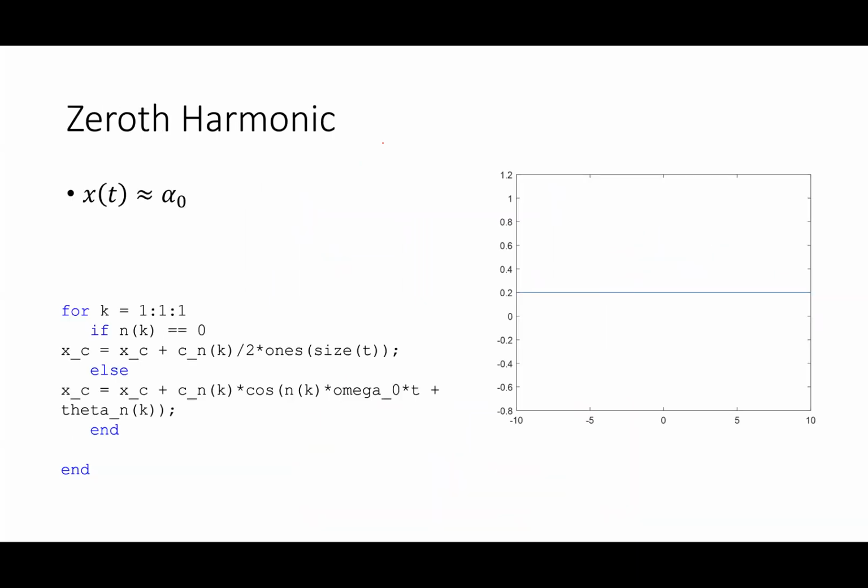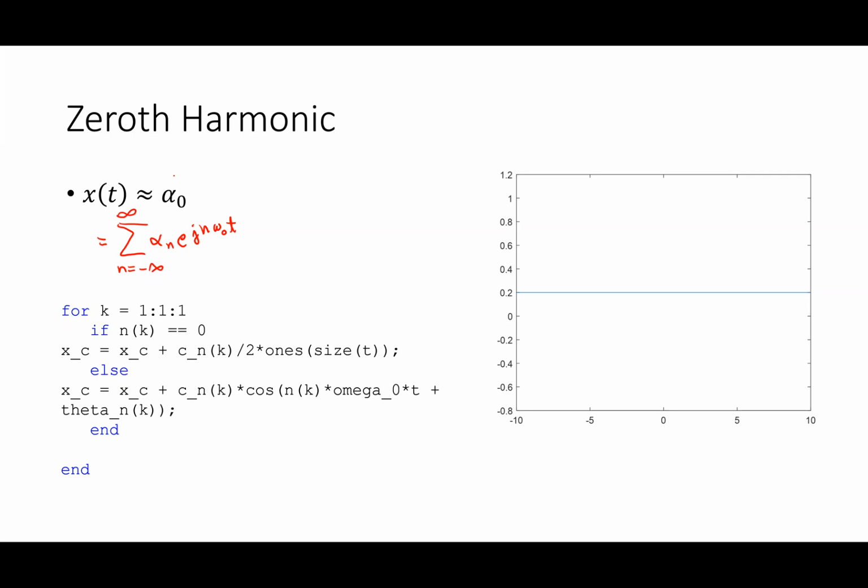So I wanted to play this out a little bit and say, x of t is really equal to the sum from n equals minus infinity to infinity of alpha n e to the j n omega naught t. That's what it really is, but let me approximate it first as alpha naught. In other words, I'm not putting in any of those sinusoids.